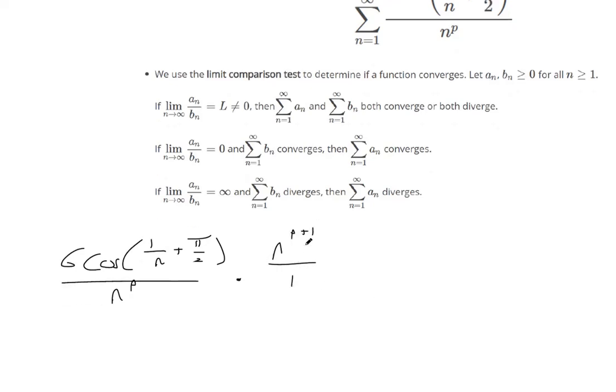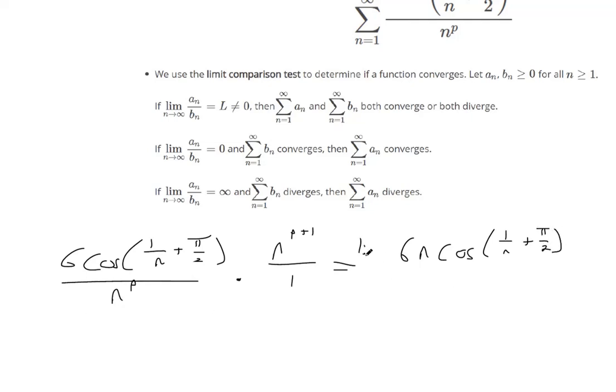And P plus 1, I chose that because I know that would be at least 1 power higher. So n to the P plus 1, divide by n to the P. They have the same base, so the powers would subtract, so you're just left with n to the 1. So we got n, and then I'll just multiply it to the rest of the stuff. 6n cosine 1 over n plus pi over 2. And then that all cancel out.